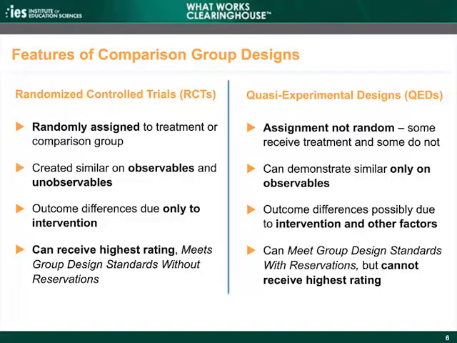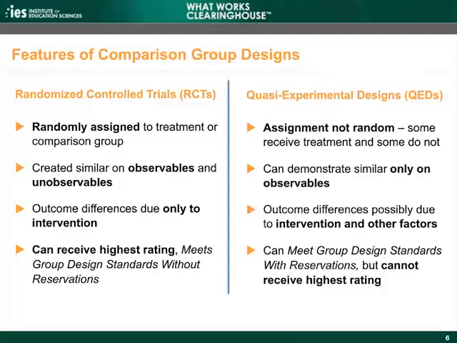Quasi-experimental designs, or QEDs, are often used when random assignment is not feasible. Again, some participants receive the treatment and some do not, forming a comparison group. Because they aren't assigned randomly, we can, at best, only show that the groups are similar on observable characteristics. There is no way that we can show the groups are similar on unobservable characteristics, such as motivation or interest.